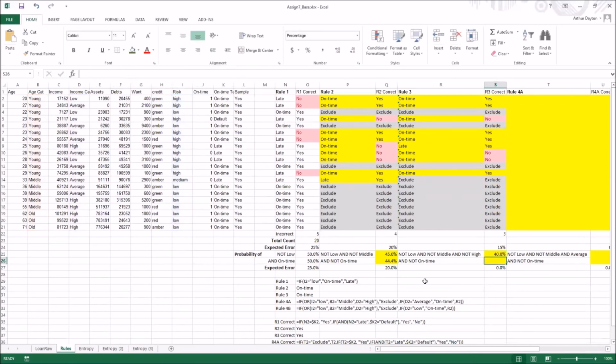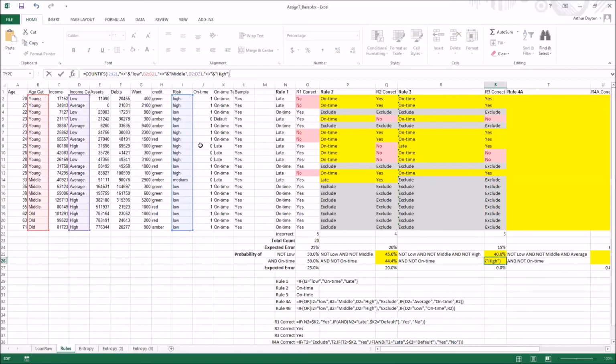And the second part of our calculation we can get by just copying the first part. And then we're also saying we would predict on time, so our error will be represented by when it is not on time. So again, we just add this in, not equal to on time.